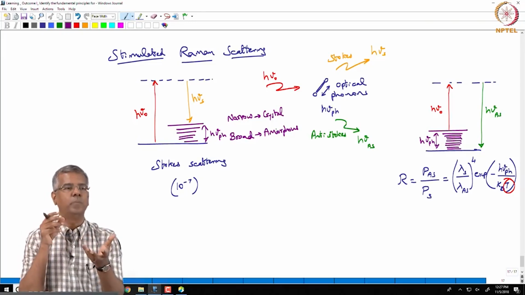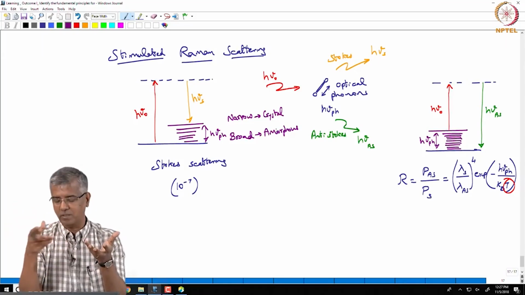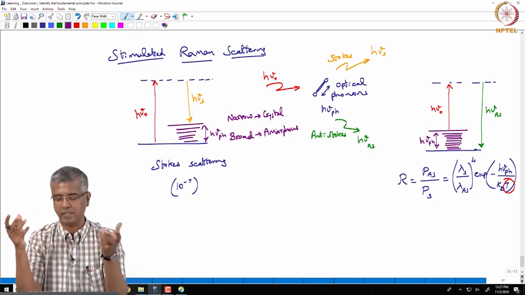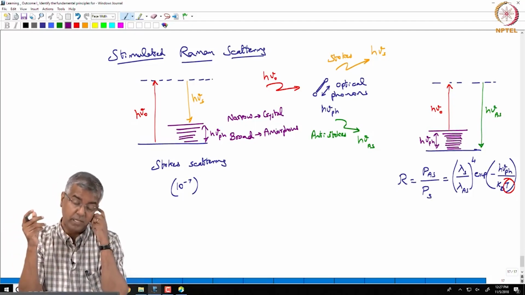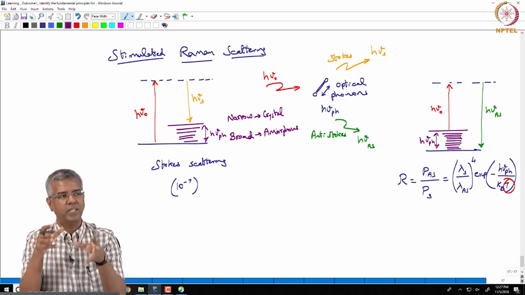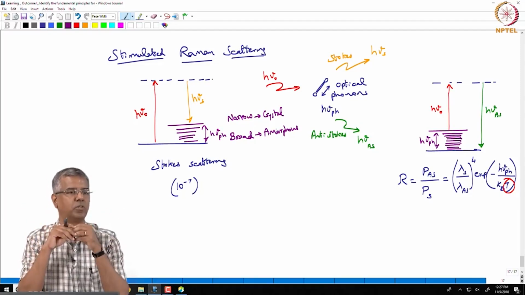You are given an unknown medium, and let us say it is a transparent medium, because if it is not transparent, light is not propagating very far. Let us say it is a transparent medium and you are asked to tell what the constituents of the medium are, what the different things happening in the medium are. The main thing you do is Raman spectroscopy. This is what is called Raman spectroscopy.